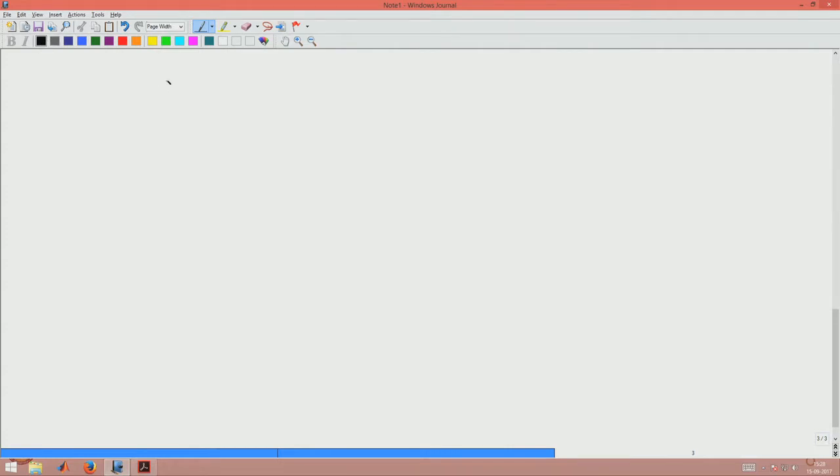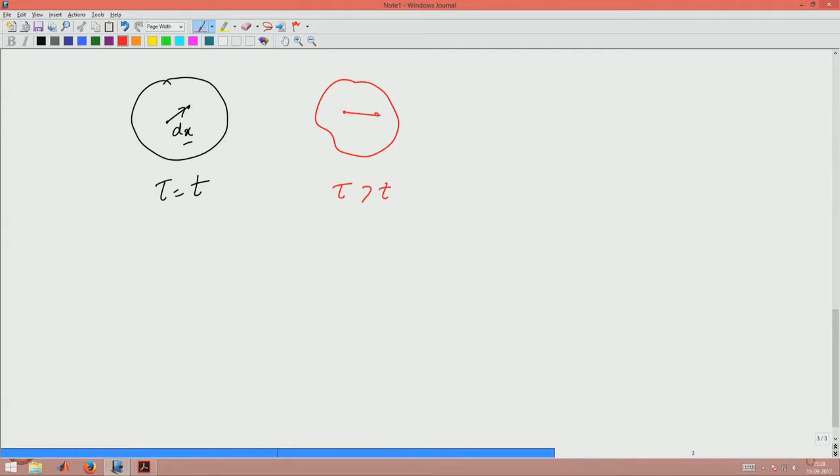So, for example, this material fiber that we are comparing, let us say this is at present time because tau is equal to t, and then some other arbitrary time where tau is either greater or even less than t, and then if we have this material fiber which is dx tau, we are not only interested in what the orientation is.